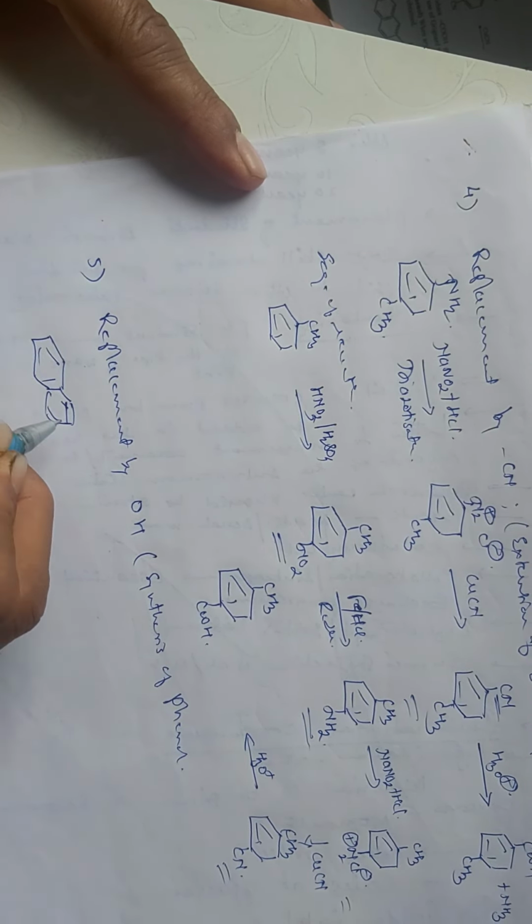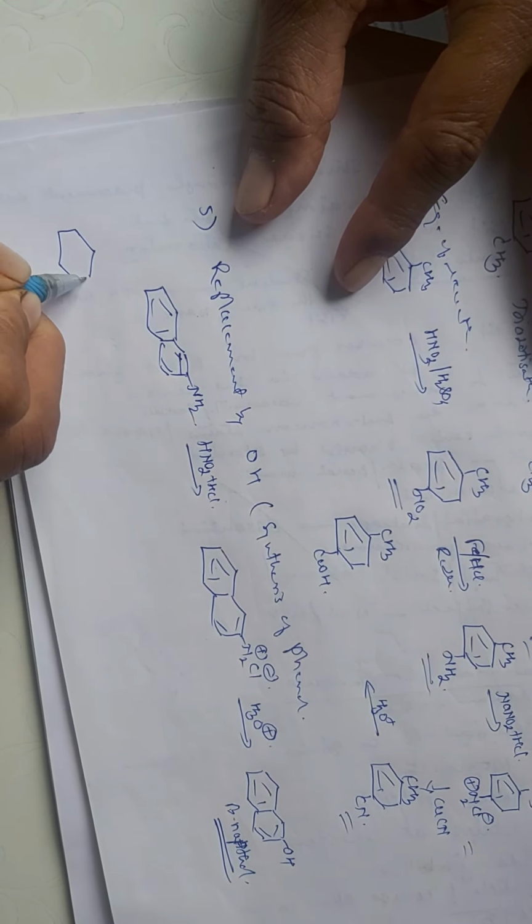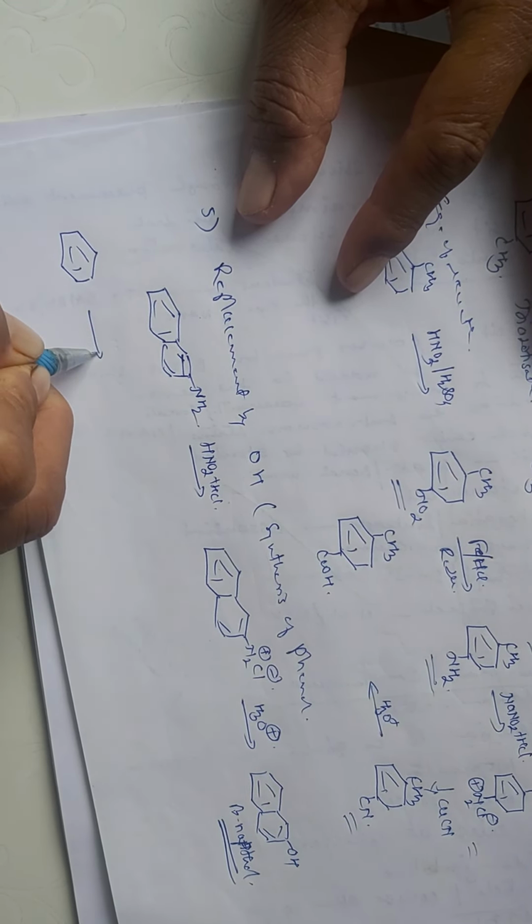Now, whatever we have seen in the sequence of reactions, in the same way, suppose benzene is allowed to react with nitric acid and sulfuric acid, H2SO4, we will get the formation of nitrobenzene, and this nitrobenzene on reduction in presence of iron and hydrochloric acid forms aniline, and this aniline on reaction with NaNO2 plus HCl will give the formation of the benzene diazonium salt, and this benzene diazonium salt on further hydrolysis in acidic medium gives the phenol.